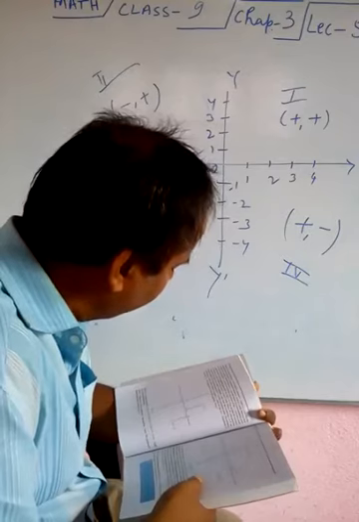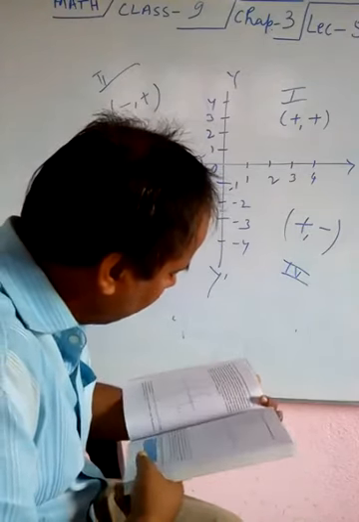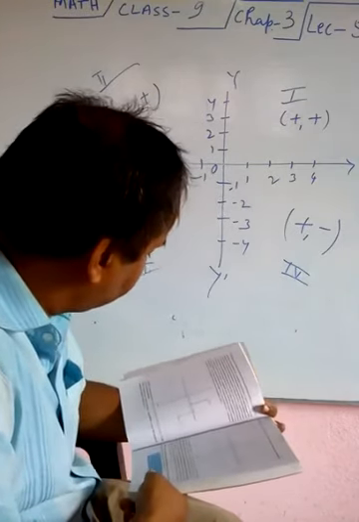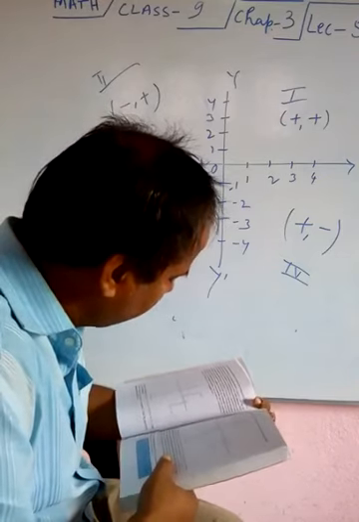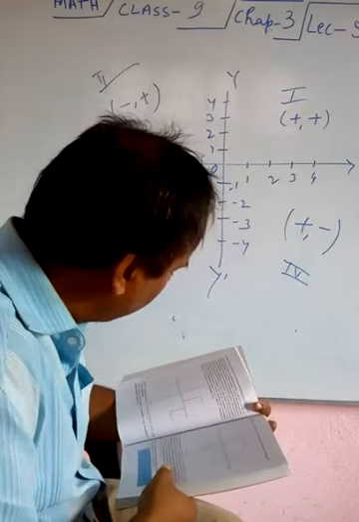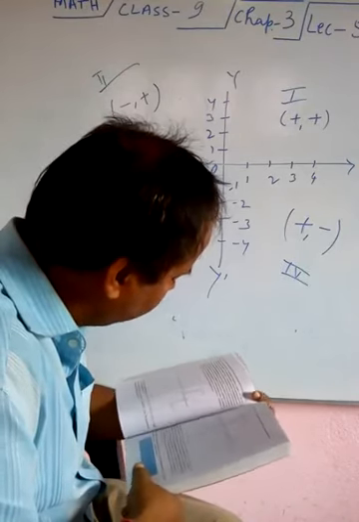Starting from the origin, we count 3 units on the positive x-axis and mark the point as A. Now starting from A, we move in the positive direction of the y-axis and count 5 units to mark the corresponding point P. See figure 3.15.